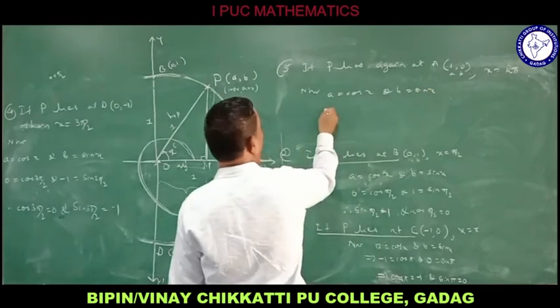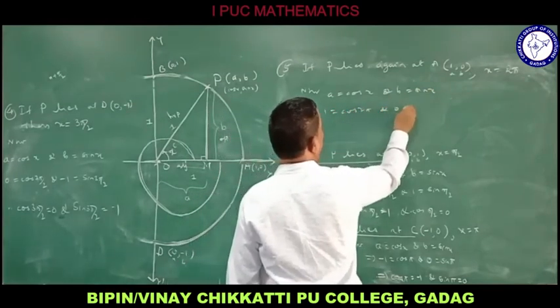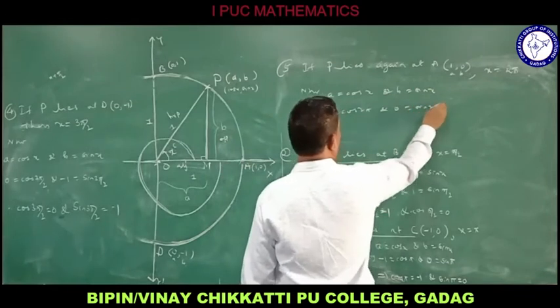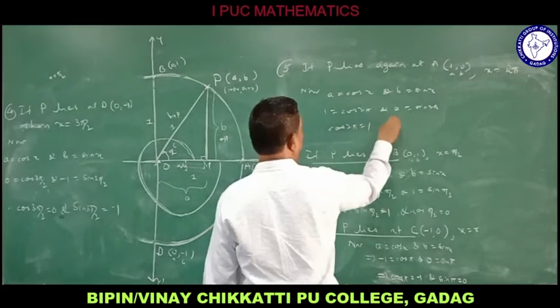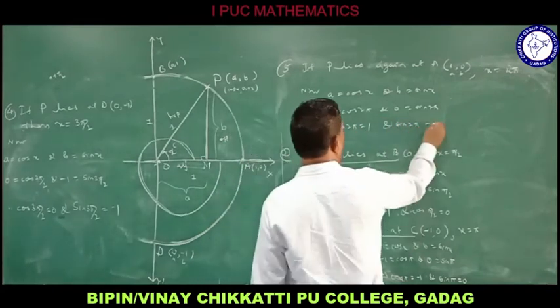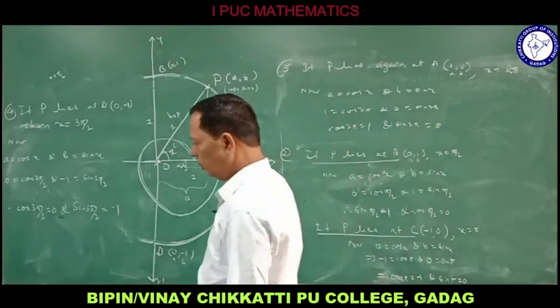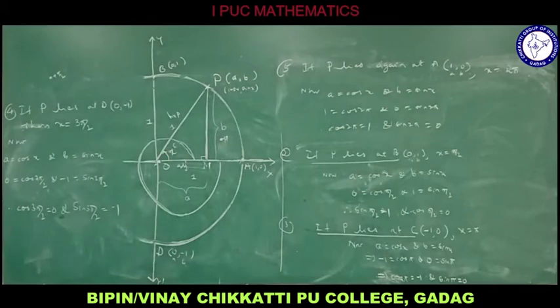A means 1 is equal to cos 2 pi and 0 is equal to sin 2 pi. So answer is cos 2 pi is equal to 1 and sin 2 pi is equal to 0. This is the rule, and accordingly you can find the results for this.